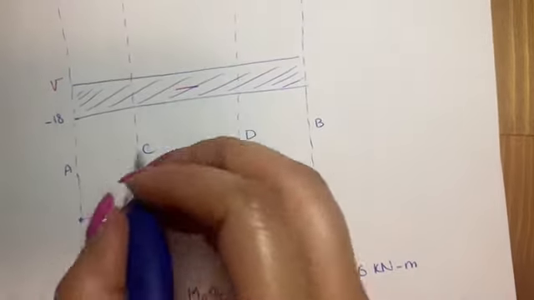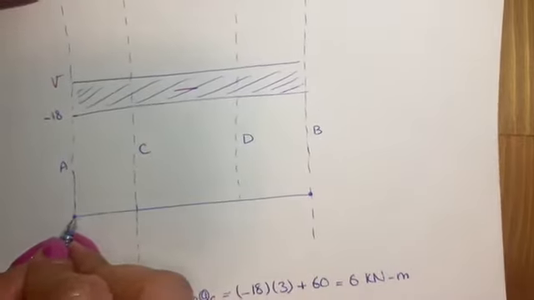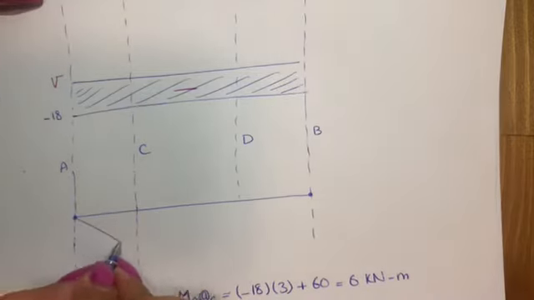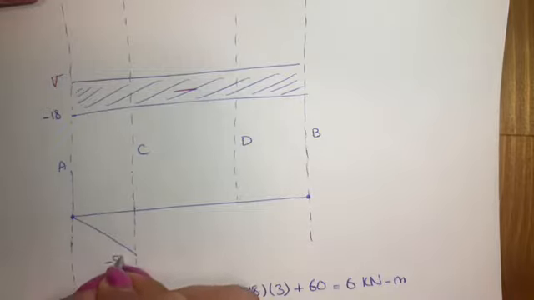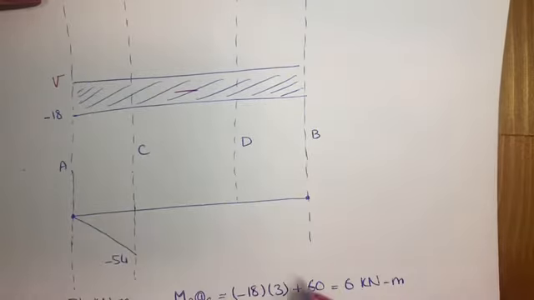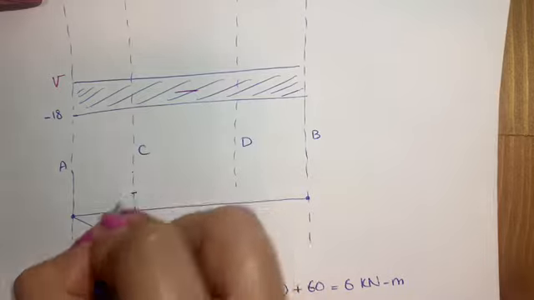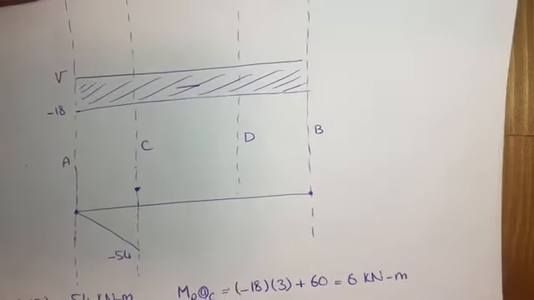So here, from point A to the left hand side of point C, we go down to minus 54, and then we jump to 6 for the right hand side.